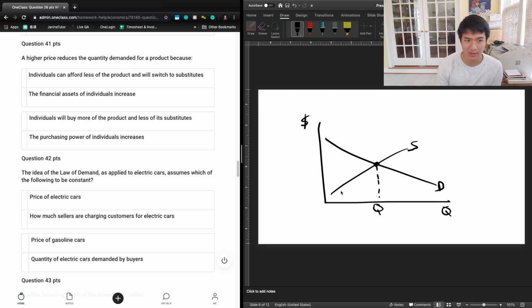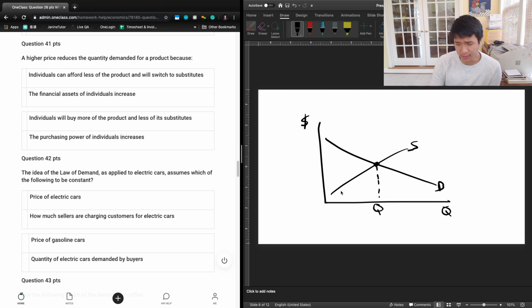You could buy 10 apples. If the price increases to $2, simply holding your income constant, you can only afford to buy 5 apples now instead of 10 apples before. And so when individuals can afford less of the product, they're going to switch to different goods, and that is going to reduce the quantity demanded for a product. So I think that is a good answer choice, but let's make sure that we're not being fooled by that, and there aren't better ones available.